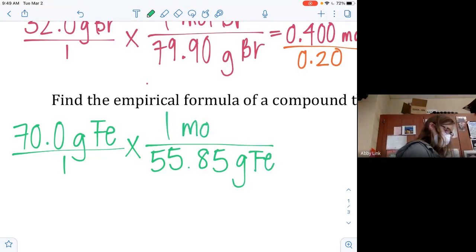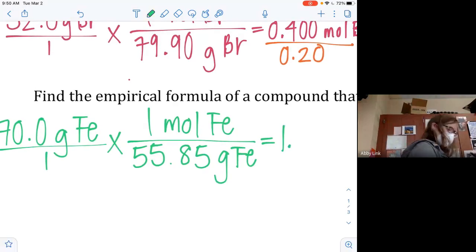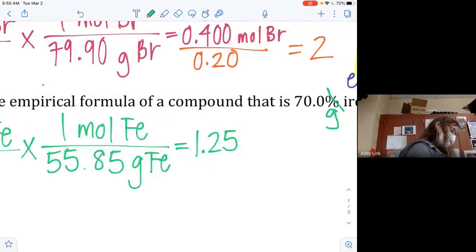And like always, we'll have our 1 mole of iron on the top. I'm looking for 3 sig figs when I divide this out, and I get 1.25 moles Fe.